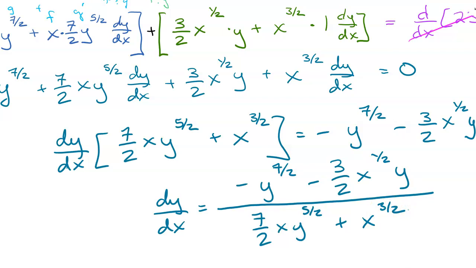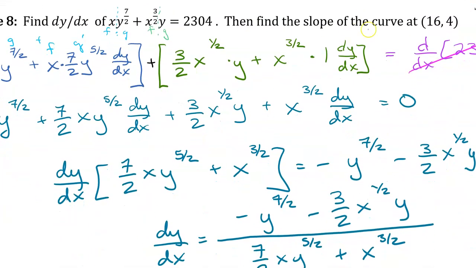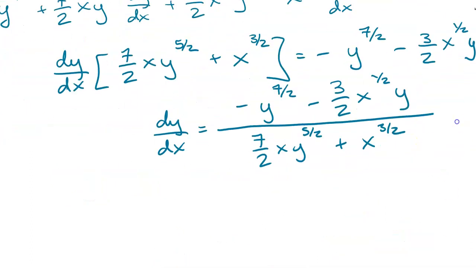Woo-hoo! That took me a second, but I did it. Double check. Find the slope of the curve at 16, 4. So every time I see an x, I'm going to put 16. Every time I see a y, I'm going to put 4.